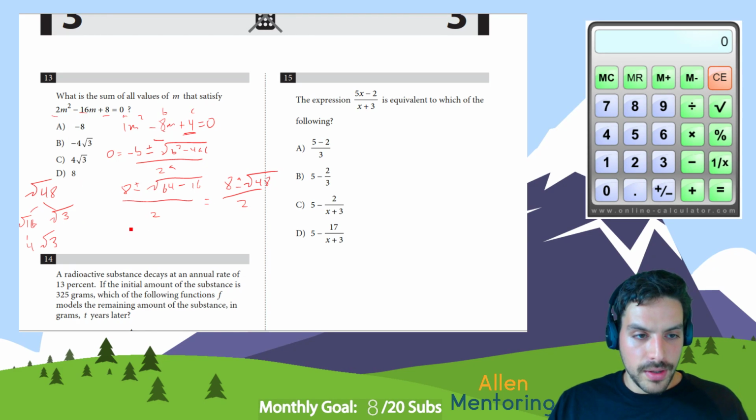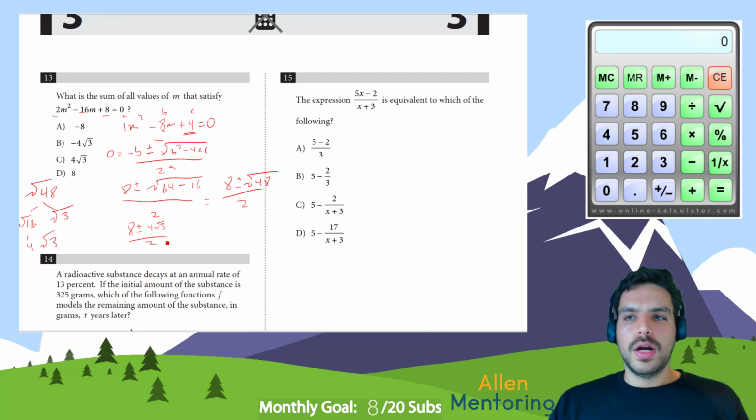So let's continue now. So 8 plus or minus 4 root 3 over 2. All right, and since we're dividing by 2, we can divide both of these. So you'll get 4 plus or minus 2 root 3.